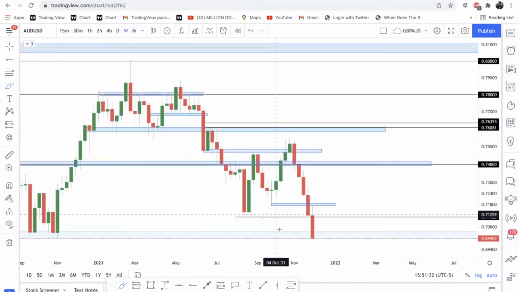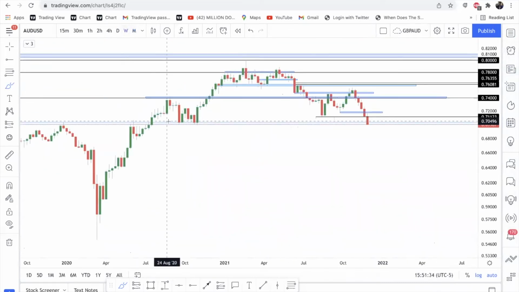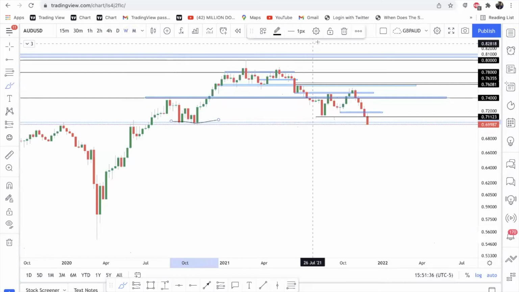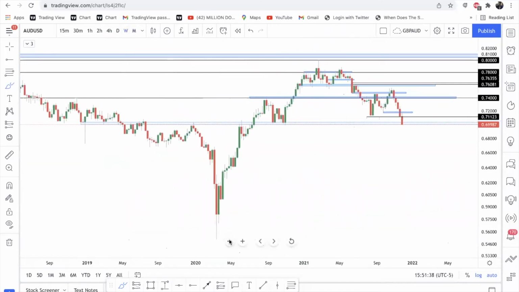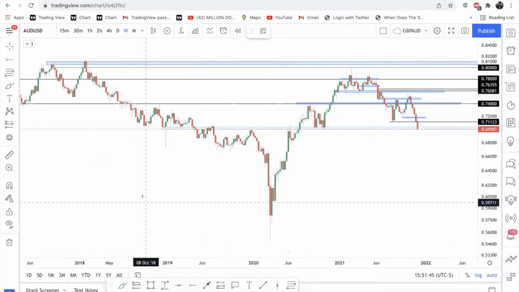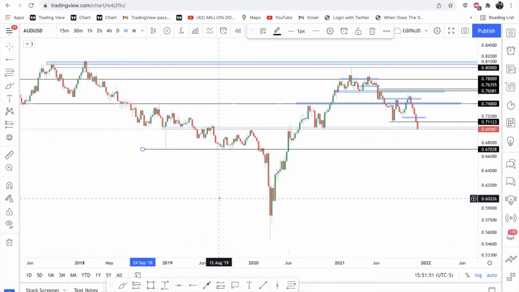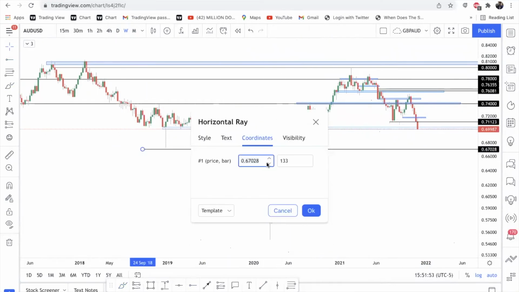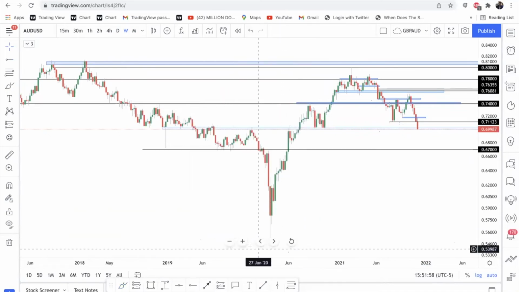On the weekly, it hasn't fully broken it yet, but a firm break of this level is a sign that we're going a lot lower. This will be my next target, roughly around 0.67 support. It's psychological, and I will look for a target to reach there.